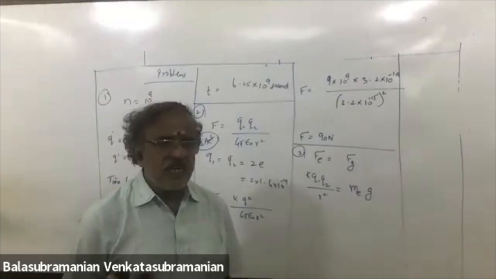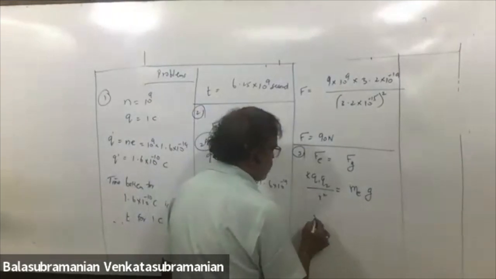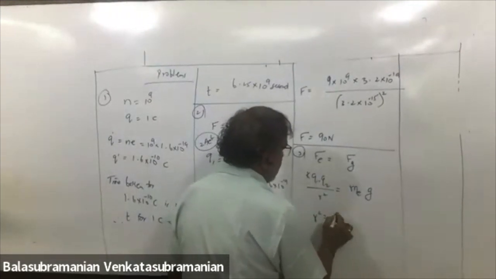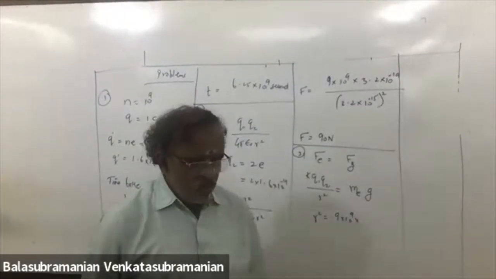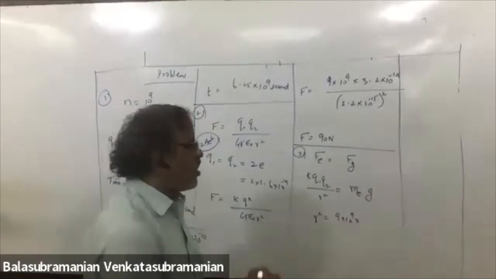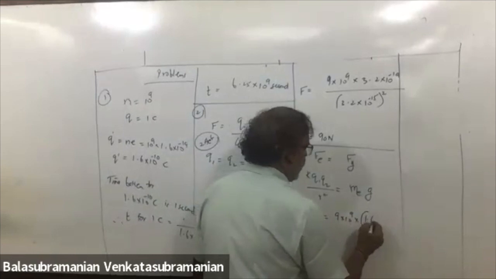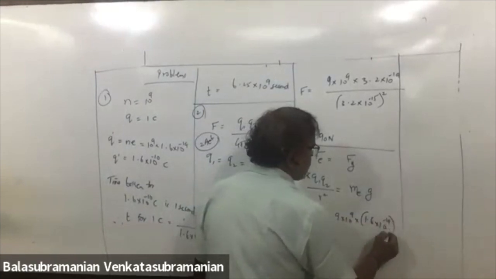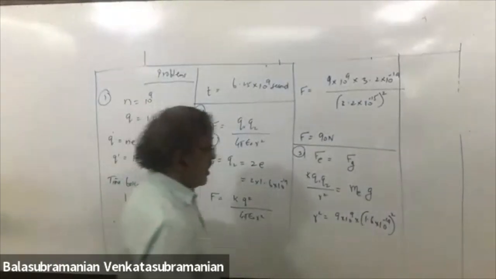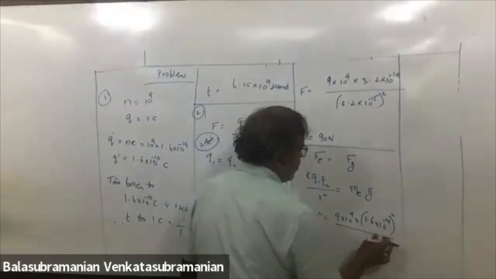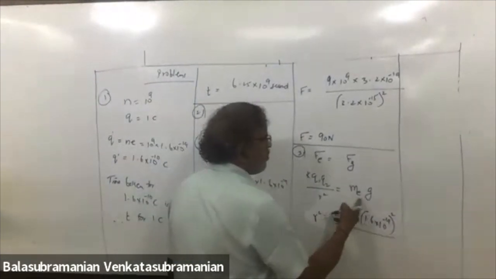How far apart should the two electrons be? That is the question. That means R we have to calculate. So R square is equal to K, 9 into 10 power 9, Q1 Q2 charge of the electron. Q1 is electron, Q2 is also electron. So 1.6 into 10 power minus 19 the whole square, divided by m e into g.